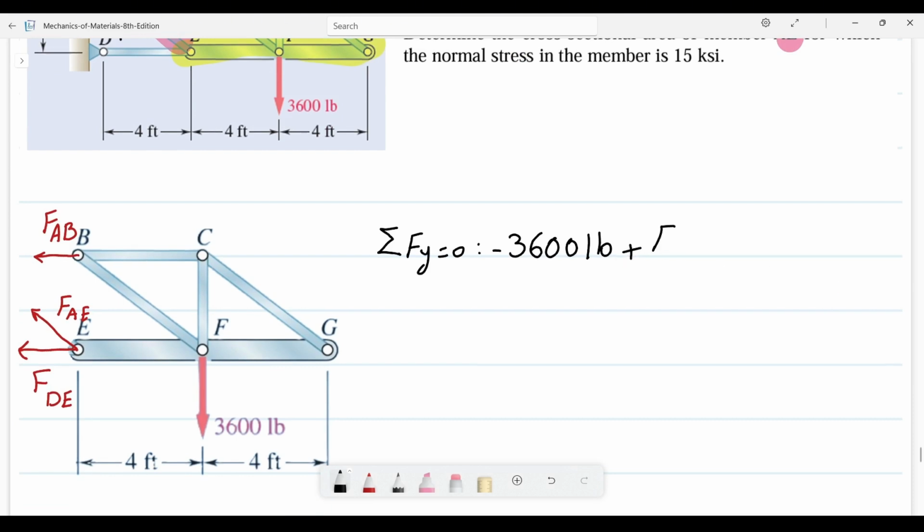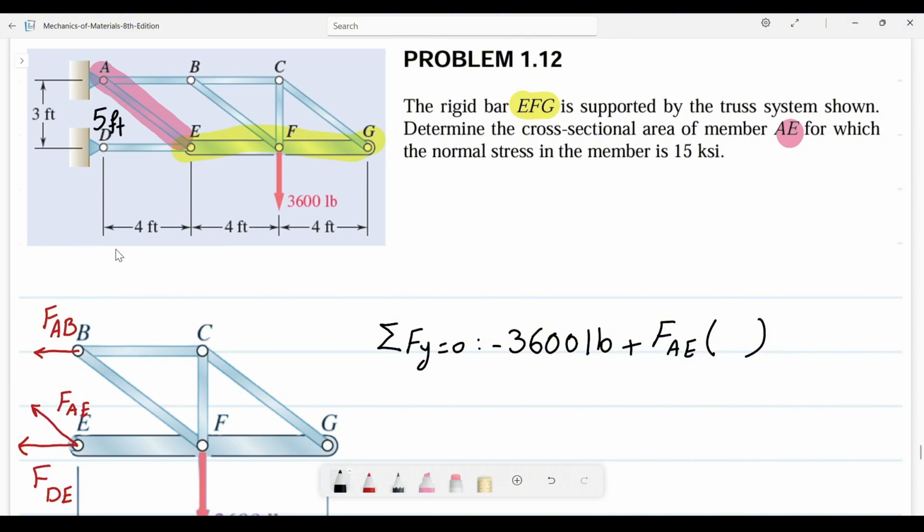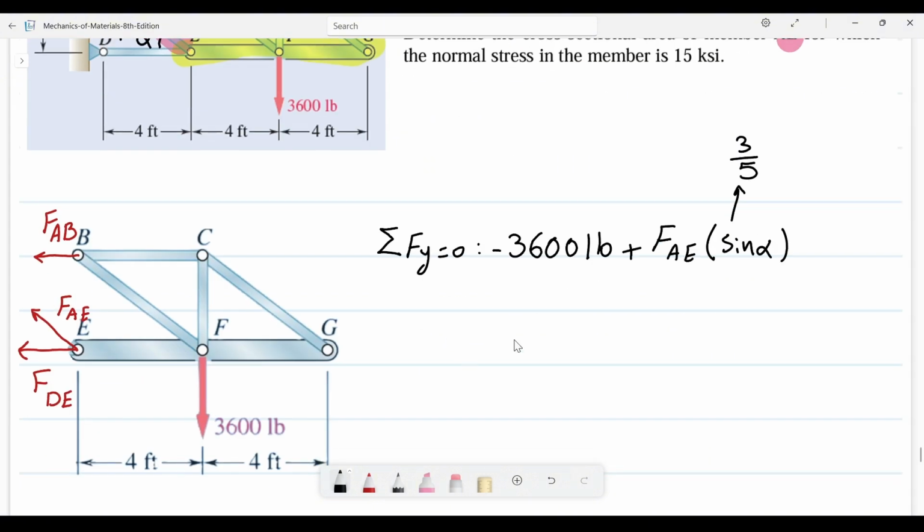Plus FAE multiplied by sine alpha, which is equal to 3 divided by 5, and it's equal to 0.